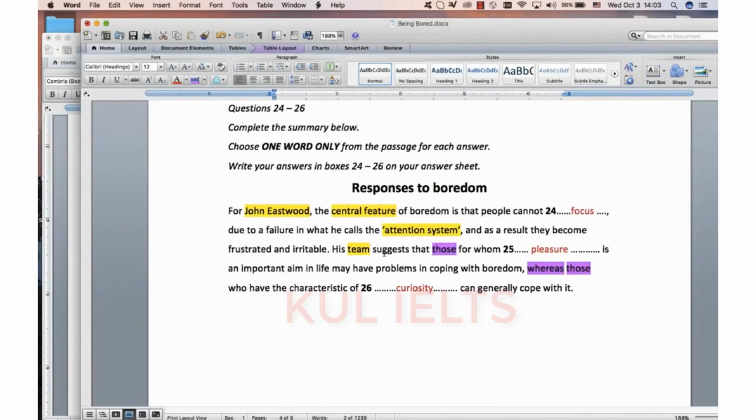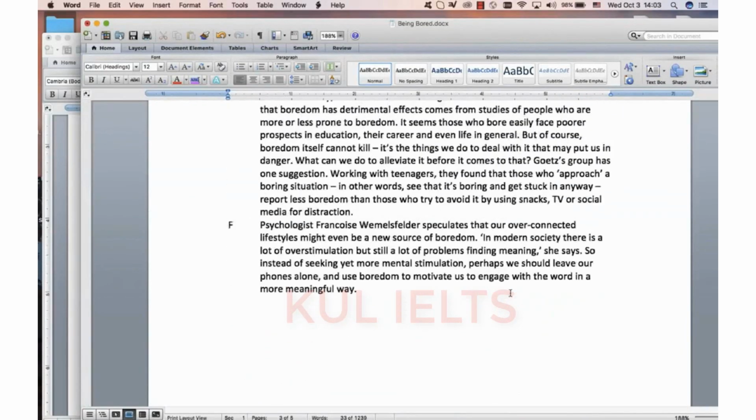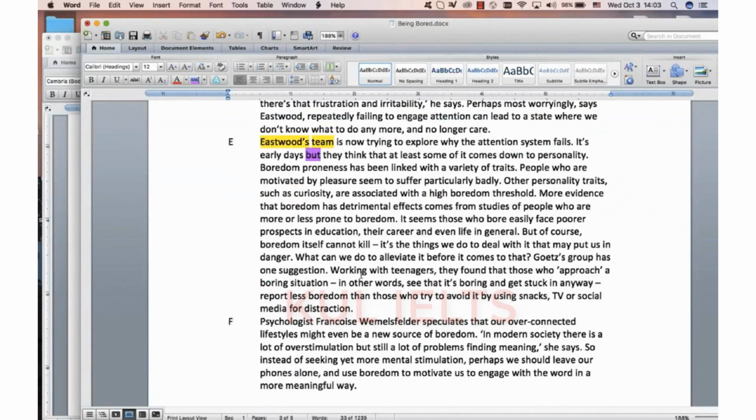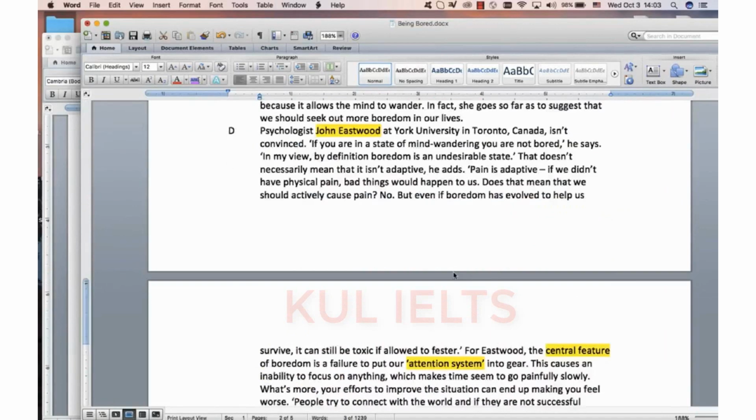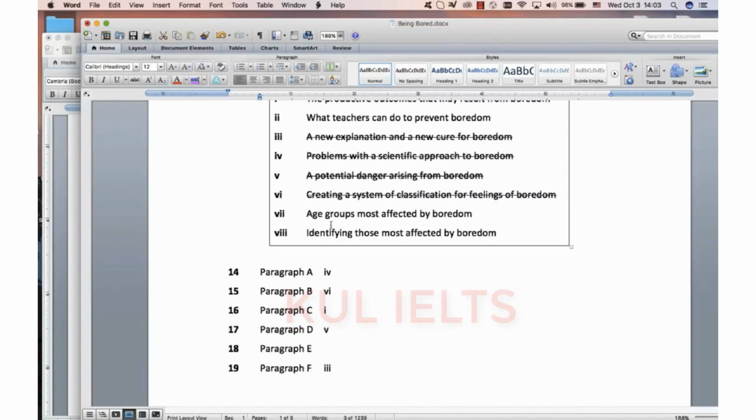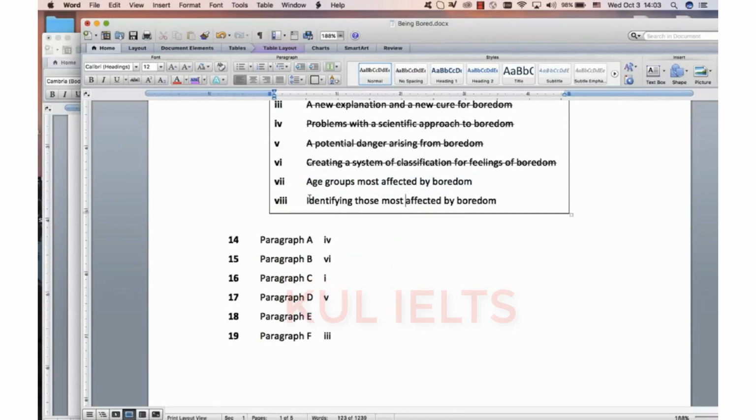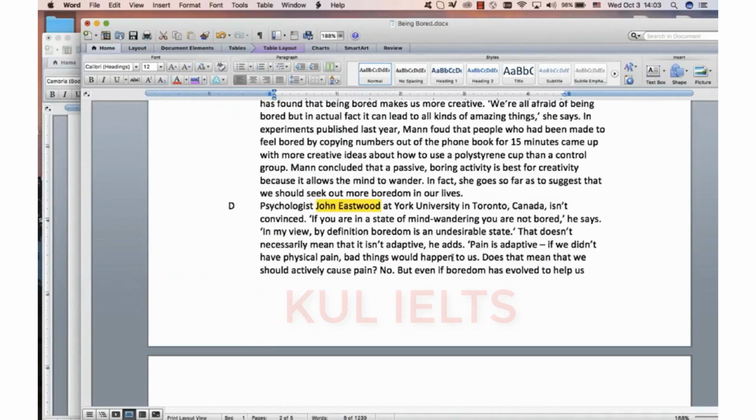It's telling us about the people, the types of people who are affected by boredom, but it's quite clear that they've made a trick over here. They've made a trap. This is just about an experiment that they did when they worked with teenagers, and then they've said that these age groups are most affected by boredom. We don't know that. We're looking definitely at this one, those most affected by boredom.